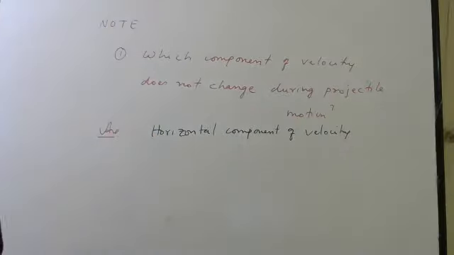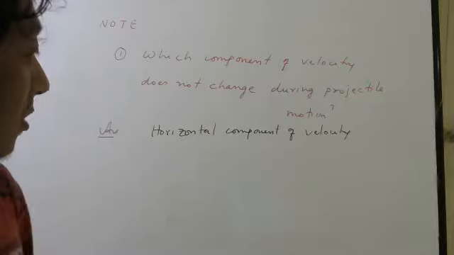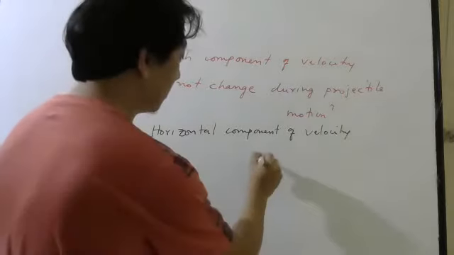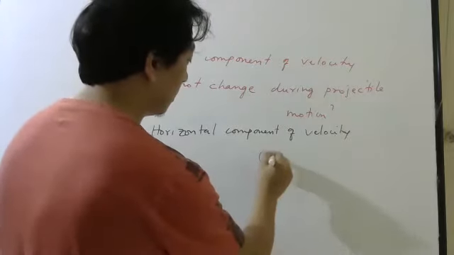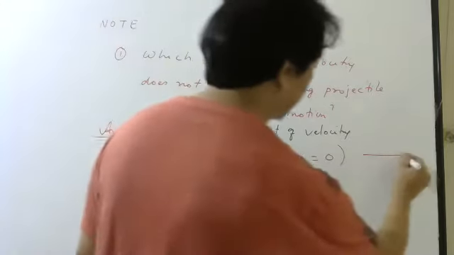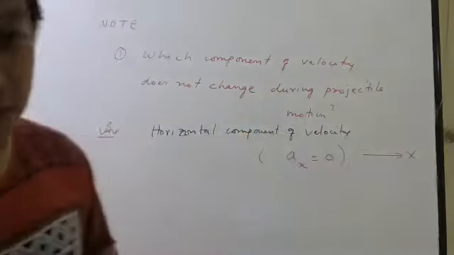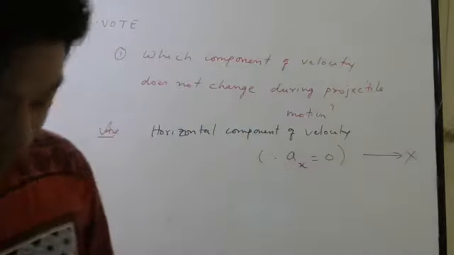The horizontal component of velocity does not change. Why, sir? Because there is no acceleration. Since acceleration along the horizontal is 0. So if I choose my x-axis along the horizontal, there is no acceleration.